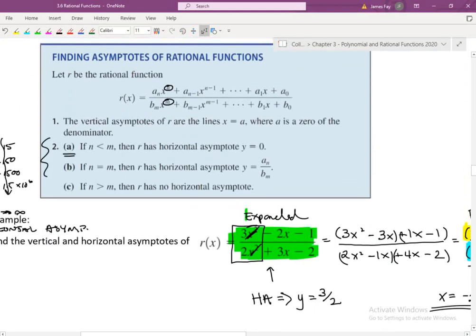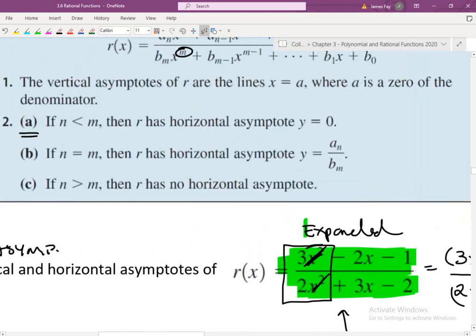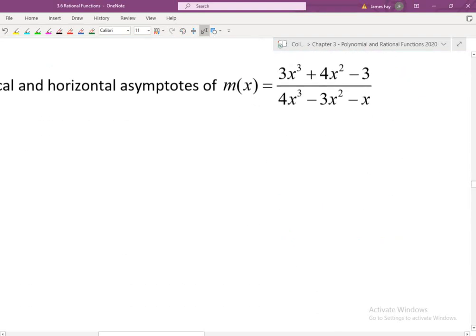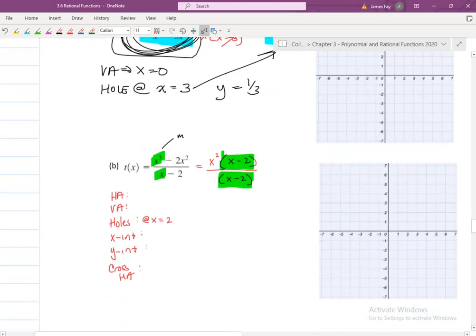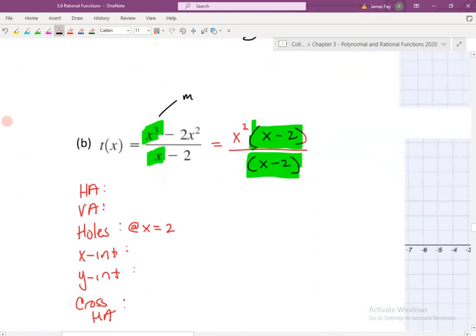Let's call it N. So here it says if N, which is the numerator, is greater than M, which is the denominator, and I'm talking about the leading degrees of the numerator and the denominator, if the top is bigger than the bottom, then you have no horizontal asymptote. And right now, we're just going to say no horizontal asymptote and move on. So I'm just going to say not applicable here.